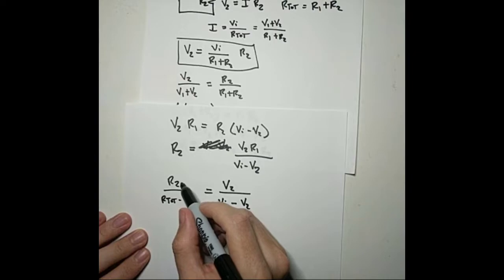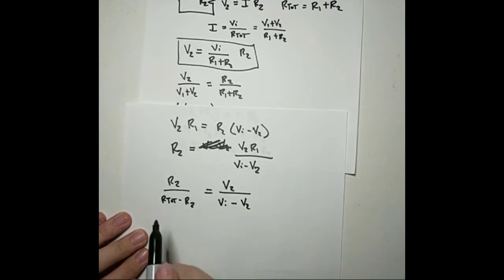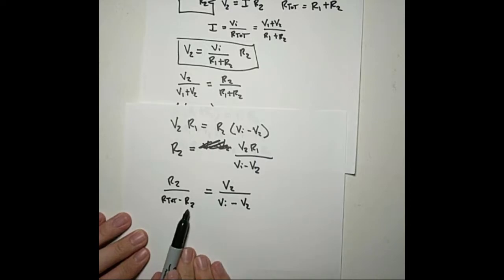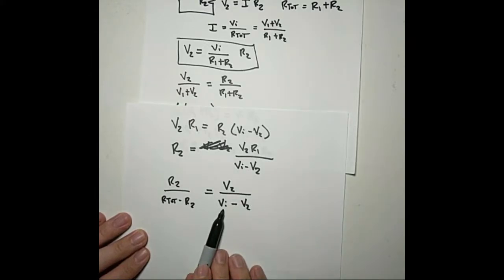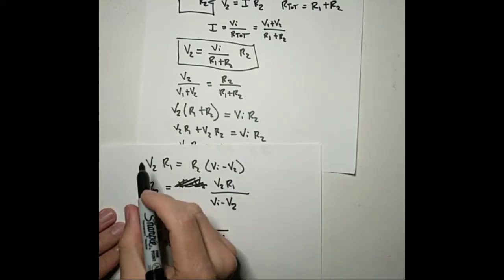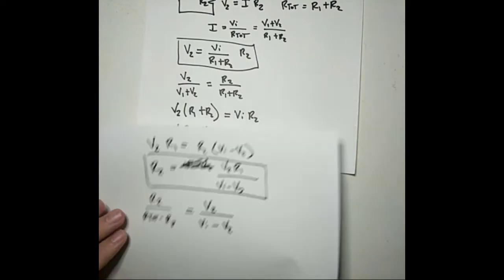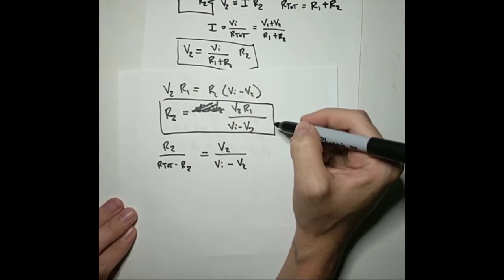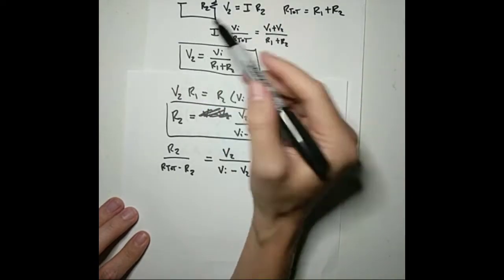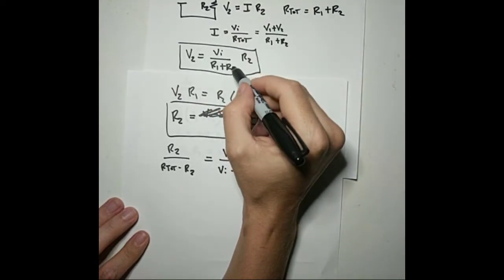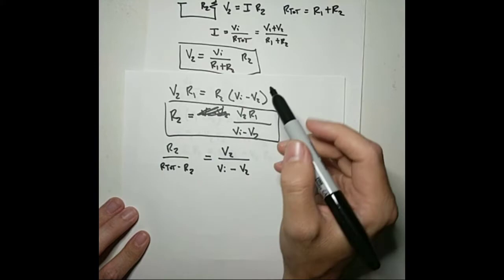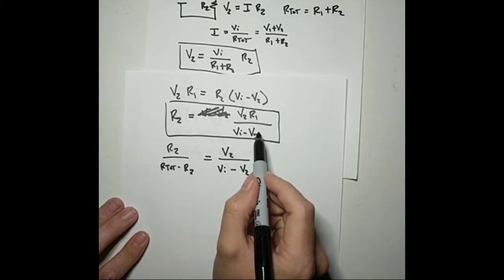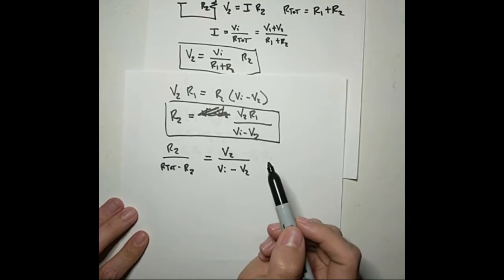So the relationship between a resistance and the total resistance minus that resistance is the same as the relationship between the voltage drop across that element and the total voltage minus the voltage drop across it. But again, these two equations right here are going to be the most useful. So finding a voltage drop in terms of your two resistors and your input voltage, and finding a resistance in terms of a voltage drop, your other resistor, and your input voltage.